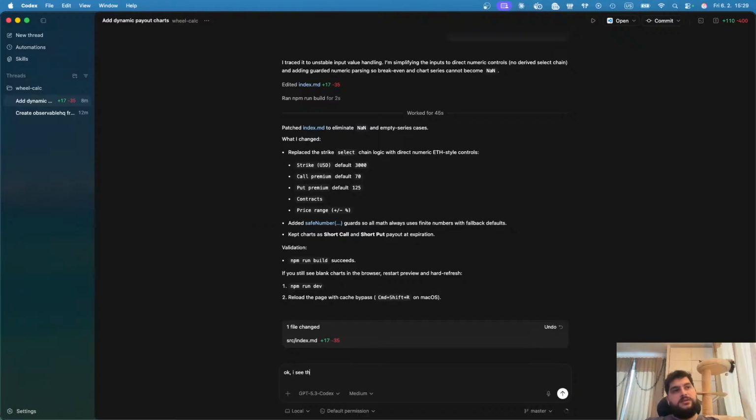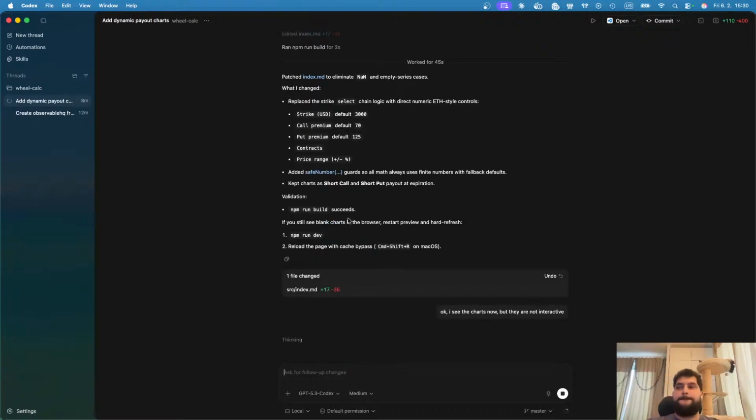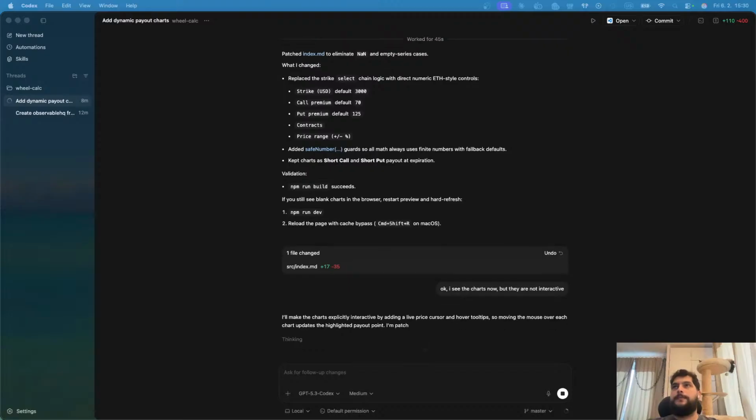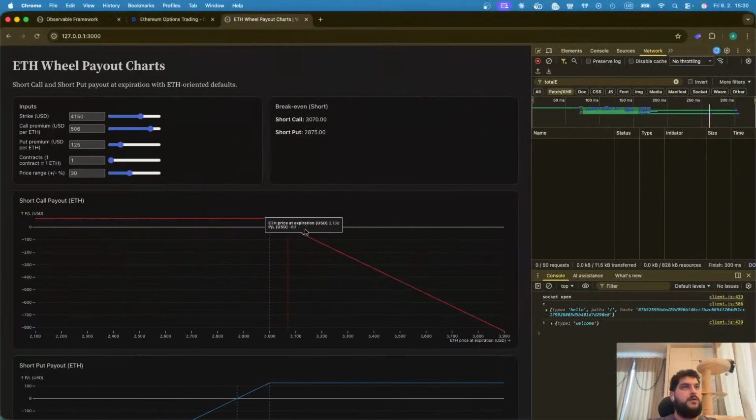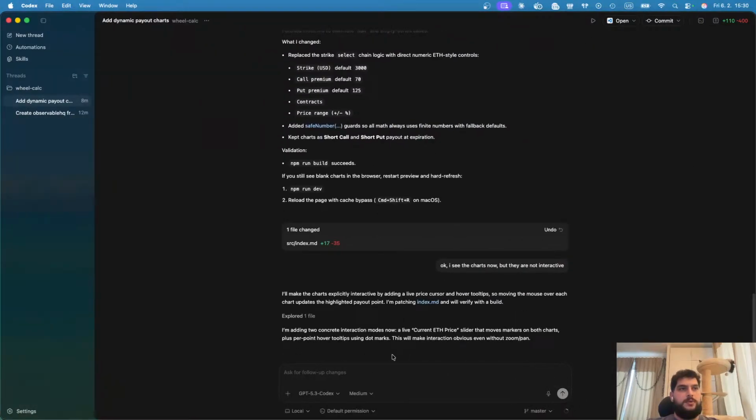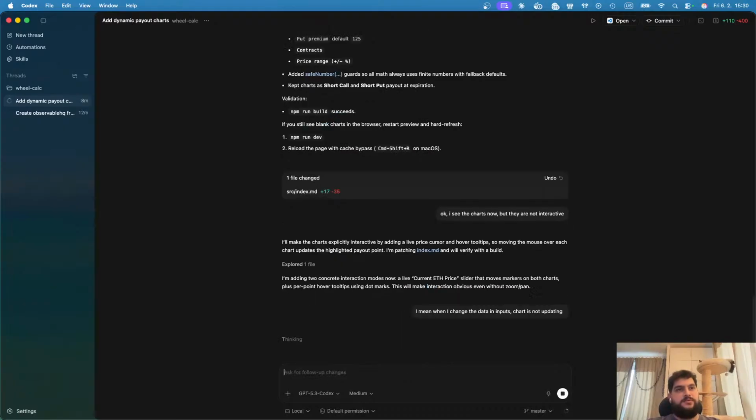Okay, I see the charts now, but they are not interactive. No, stop. I mean, when I change the data in inputs, the chart is not updating. Sorry, wrong definition of the problem.